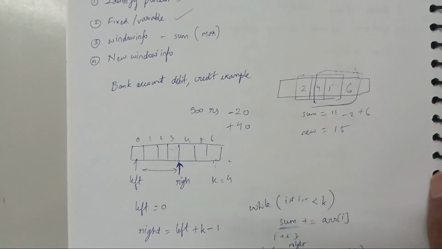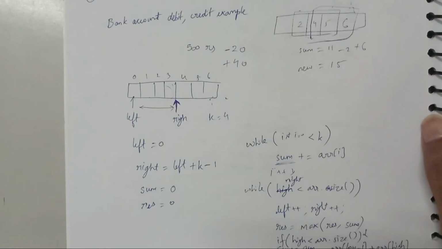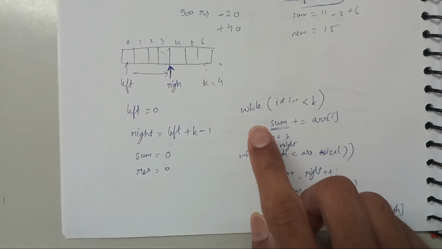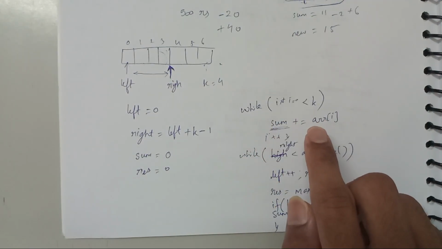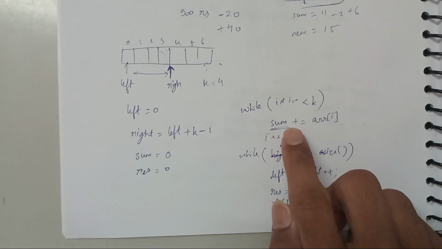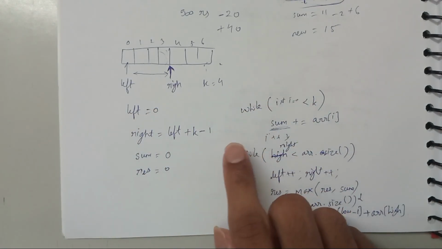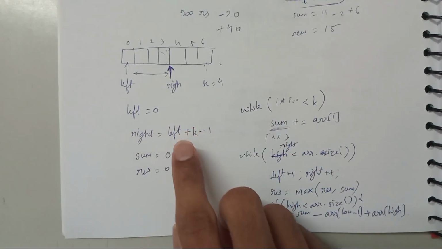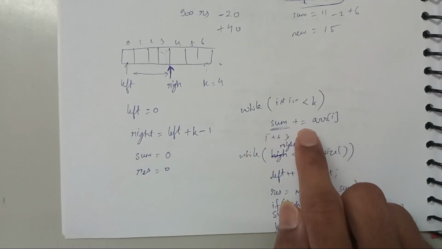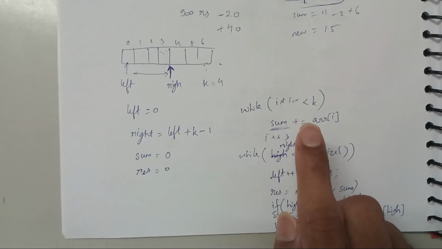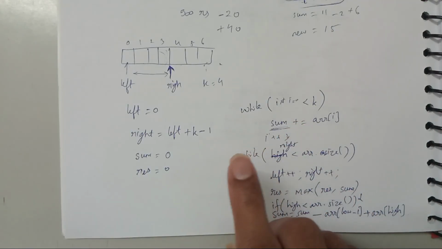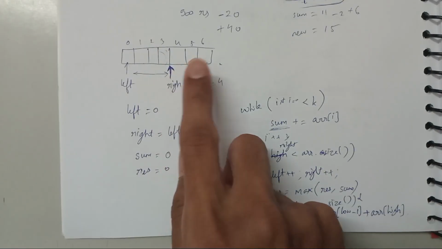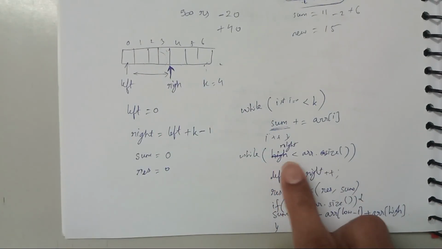So if we check the code here, we first find the initial information of the window. So we loop through the whole sliding window, and then we update the sum. So we got the first window sum, and now we loop this high from current high to end, while high less than array size.